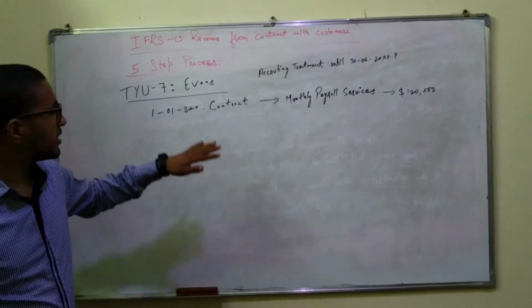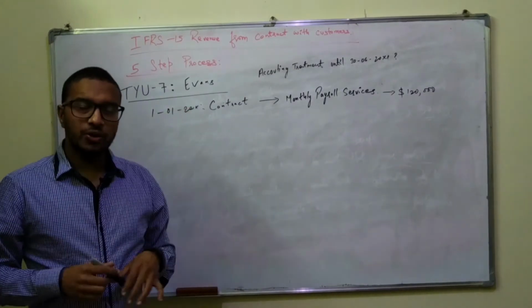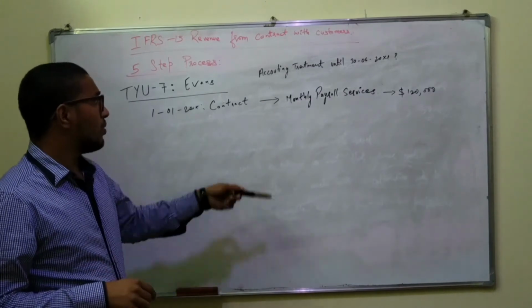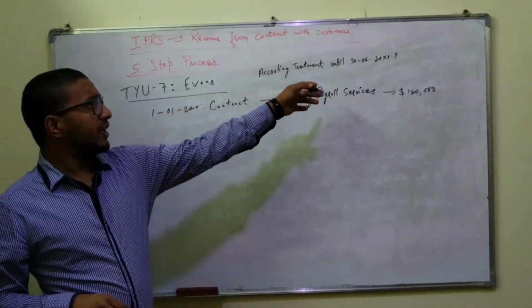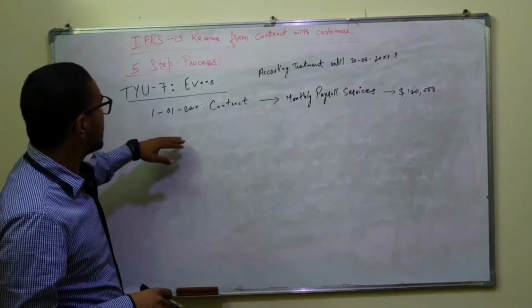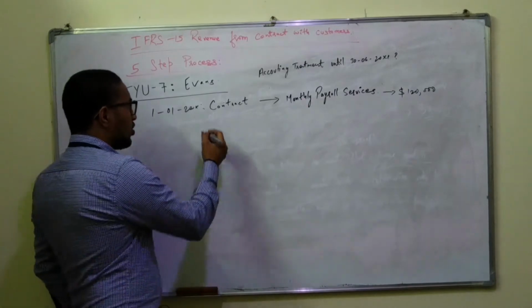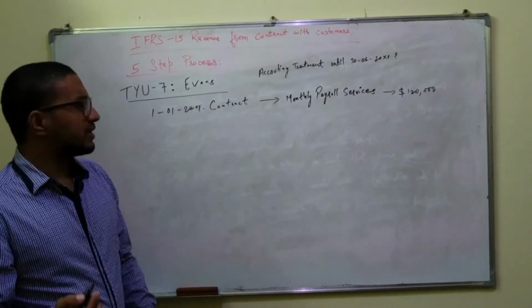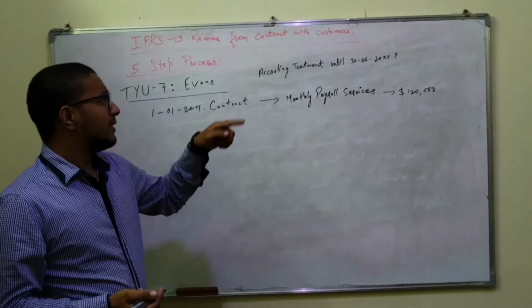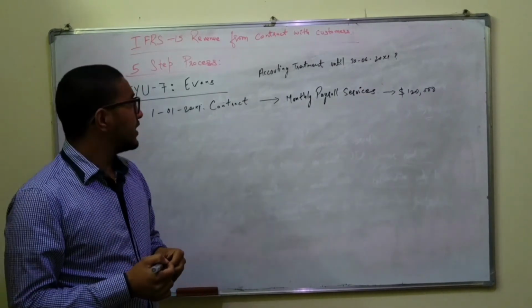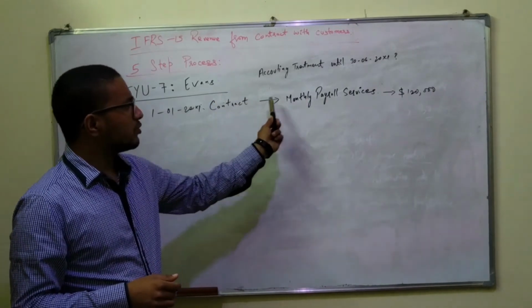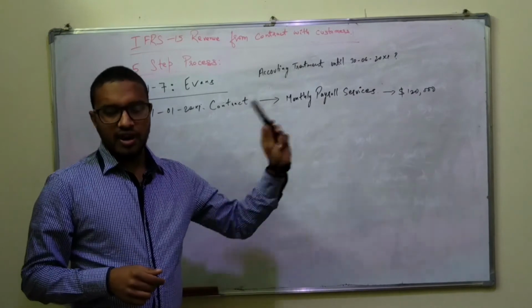In this particular TYU, we are looking at events, right? The question asks what would be the accounting treatment on 30th of June 20x1. What has happened is that on the 1st of January 20x1, the company has entered into a contract to provide monthly payroll services for 120,000.